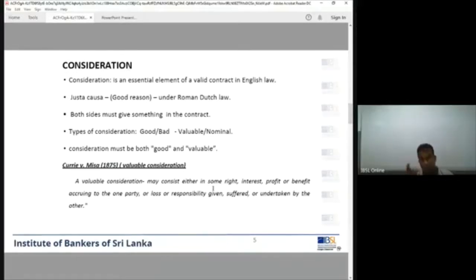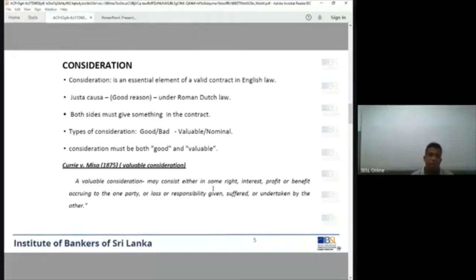One difference. Justa causa or good reason, a valid reason, is an element applicable to Roman Dutch law contracts. So once you understand the contract is governed by Roman Dutch law, then it is not consideration, it is good reason that applies. What is the meaning or idea of consideration or justa causa?